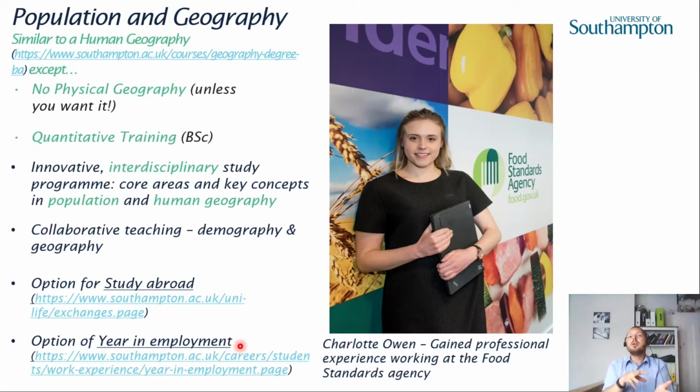So the way that it would work is that during your second year you would find a work placement guided by a central university department that can help you out with all of that. And then when you get to your third year, where you would ordinarily be doing your final year, you would take that year out and go and work in a work placement, and then you would rejoin the university in your fourth year to complete your degree.